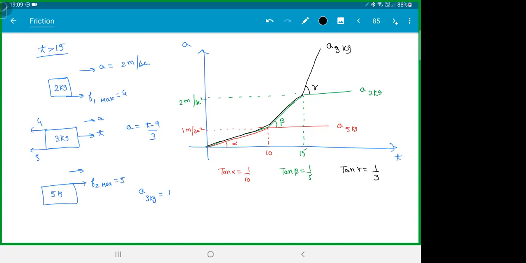Any doubts on this? Please ask. Any steps you're not convinced about?